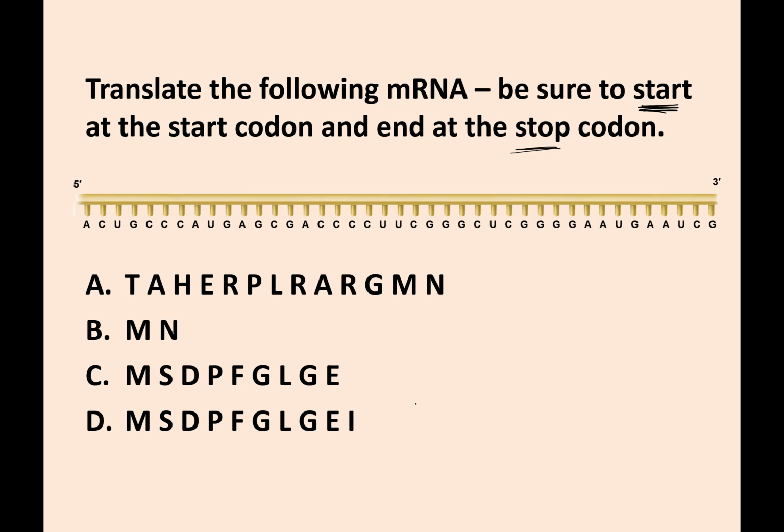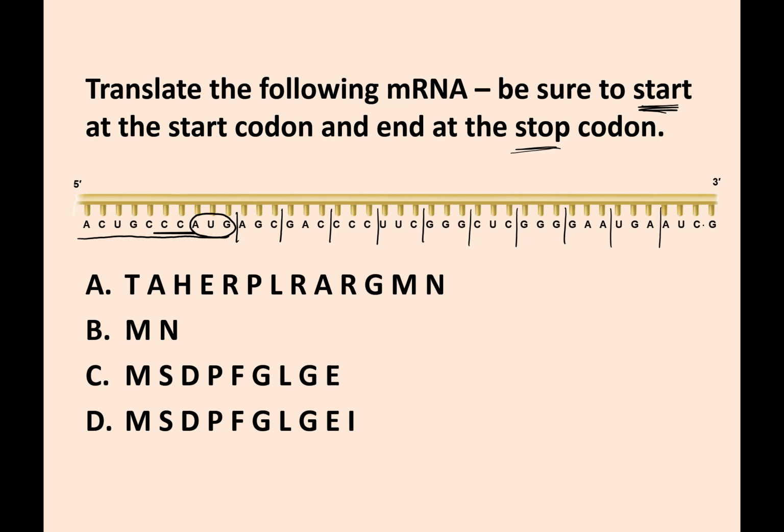Okay, hopefully you've done this on your own, and as you're scanning, you find AUG. Right? Now, you want to break it into groups of 3, and I highly, highly suggest you do this.